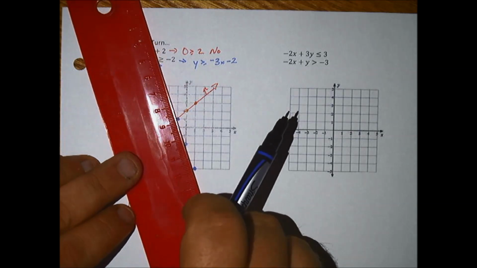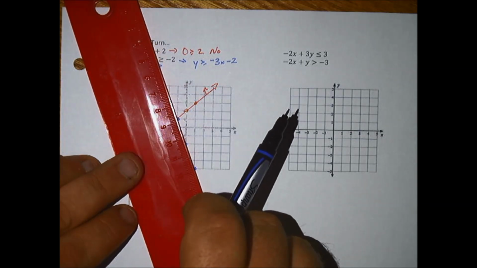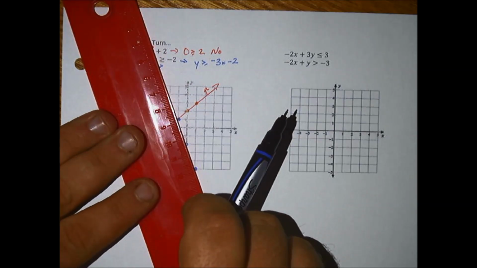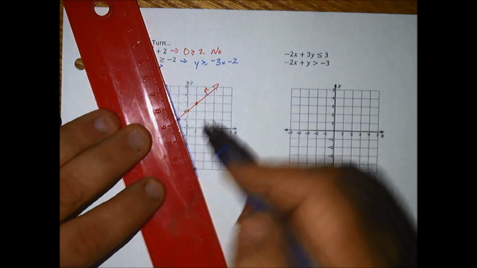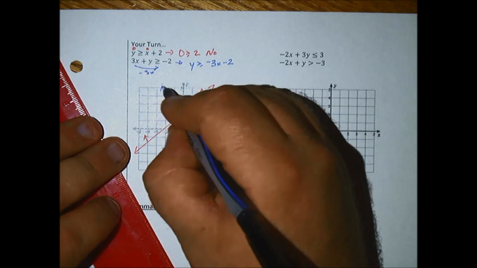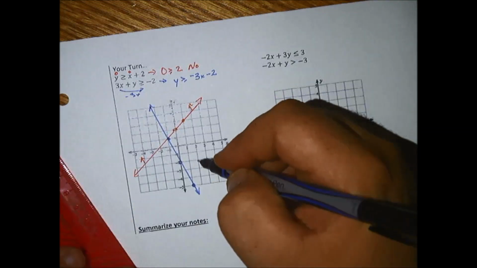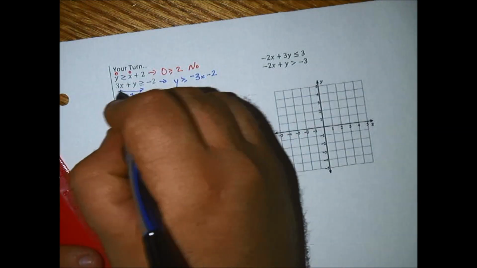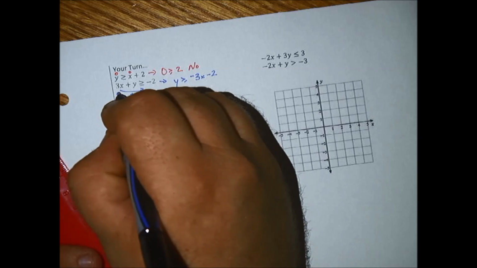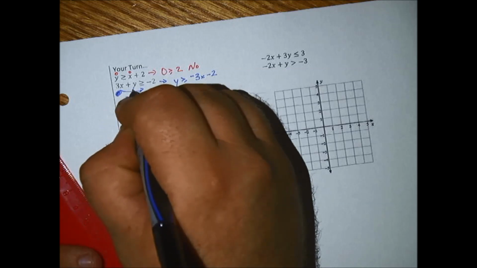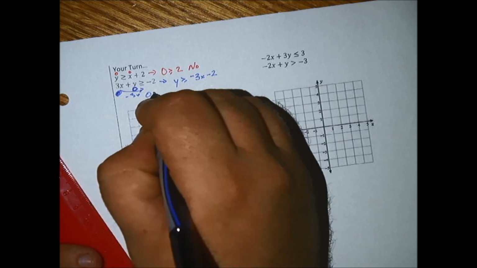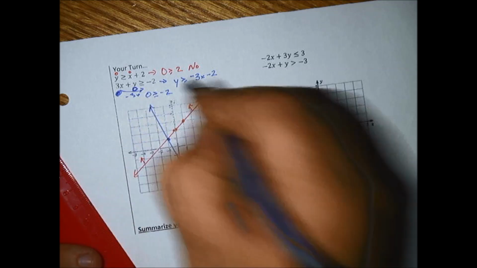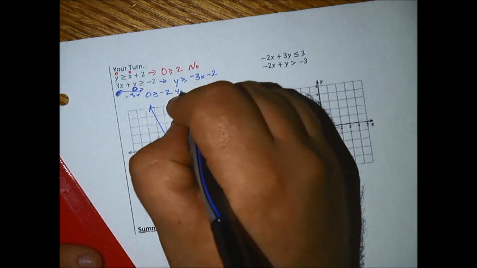And so we want to line those up as well as we can and draw ourselves a line through there. And so we have there and there. And again, if I just want to test 0, 0, I can put a 0 in for x and a 0 in for y. And that really means, is 0 greater than or equal to negative 2? Yes, it is.